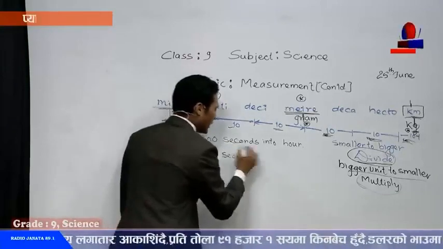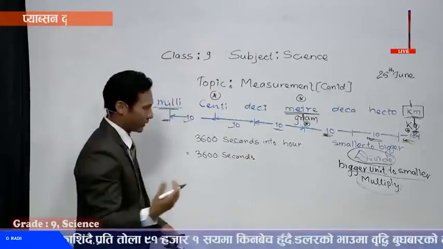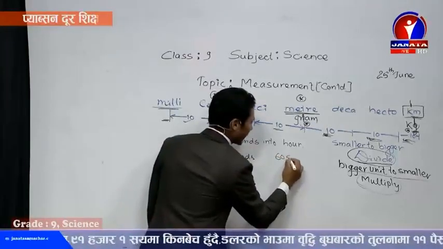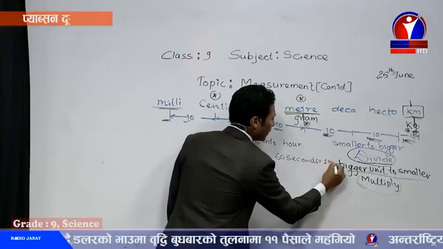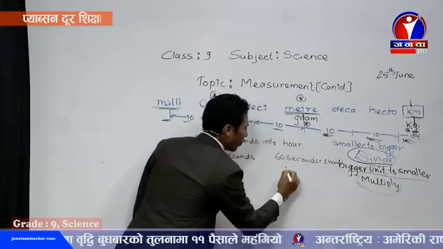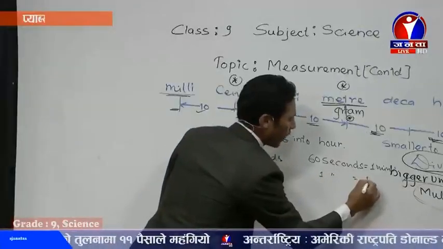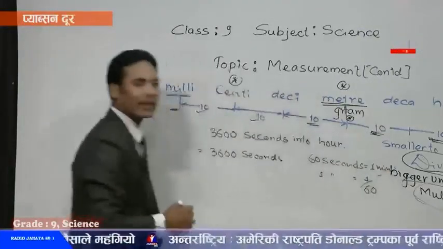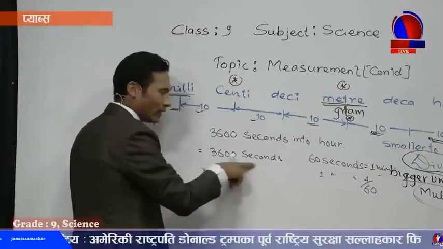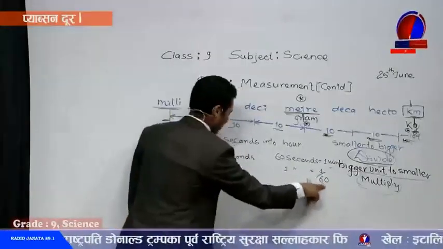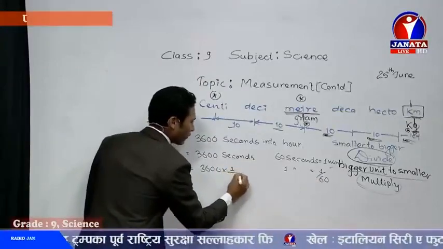Firstly, this second we need to change into minutes. 60 seconds equals 1 minute. That means 1 second equals 1 by 60 minute. To change 3600 seconds into minutes, we have to multiply by 1 by 60.